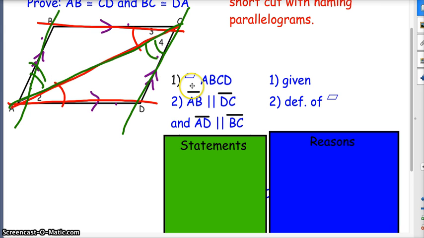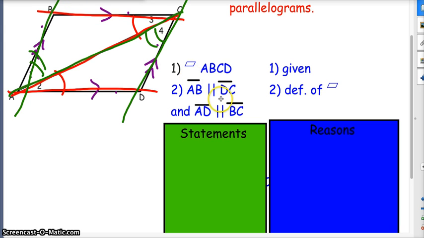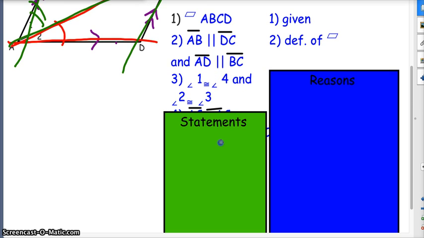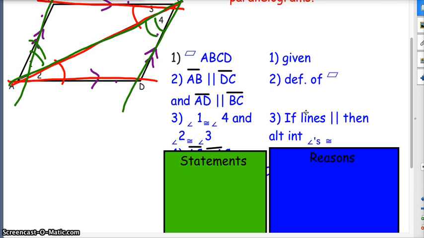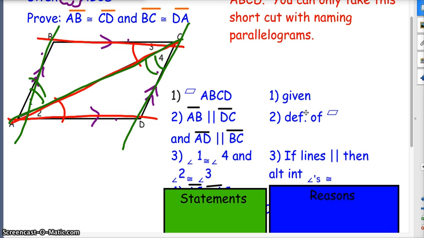So because we know we have a parallelogram, we know that the sides are parallel. We know that those angles are both going to be congruent, because if lines are parallel, alternate interior angles are congruent.